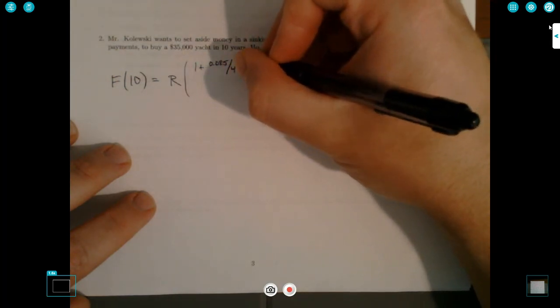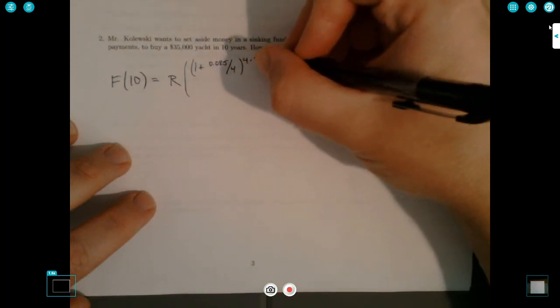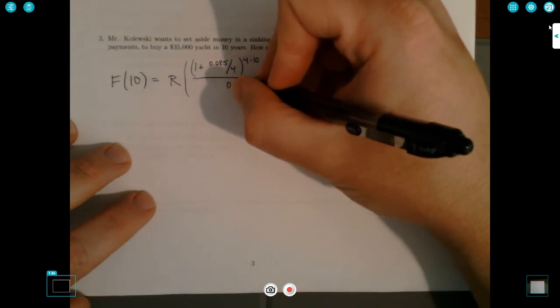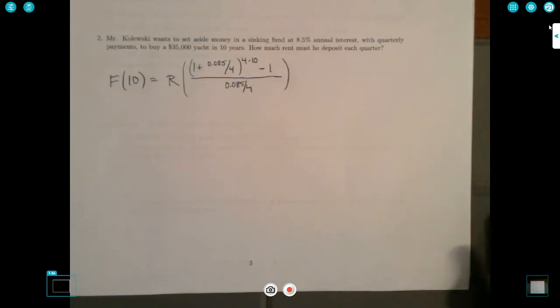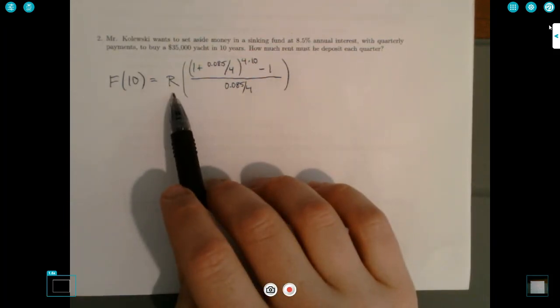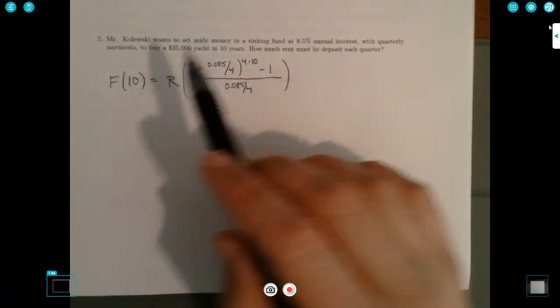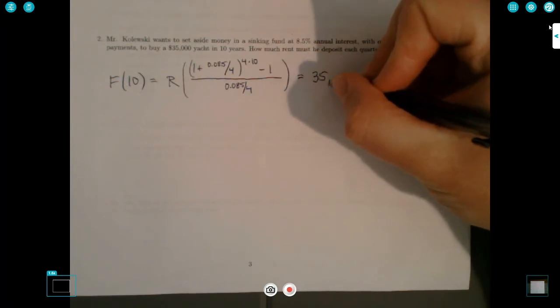If he's depositing quarterly, then that's going to be 4, to the 4 times T, T again is 10, minus 1, divided by 0.085 over 4. So we can solve for R because we know that he needs it to reach $35,000 in order to be able to buy the yacht of his dreams, I guess.